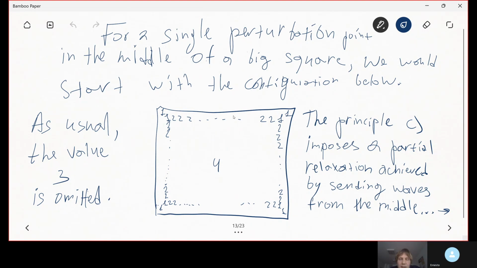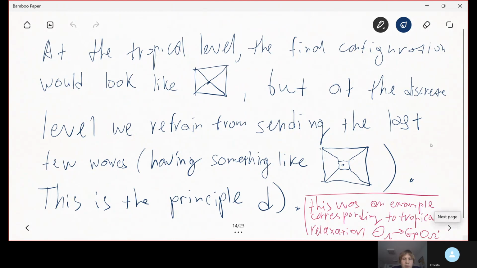So now the principle C is that the relaxation is achieved by sending waves, and here you would send the waves from the middle. But you should follow also the principle D, which tells you that if your phase is about to collapse, like in this point, if this wavefront reaches at the tropical level the point of perturbation, then at the sandpile level, you actually refrain from doing the last few waves.